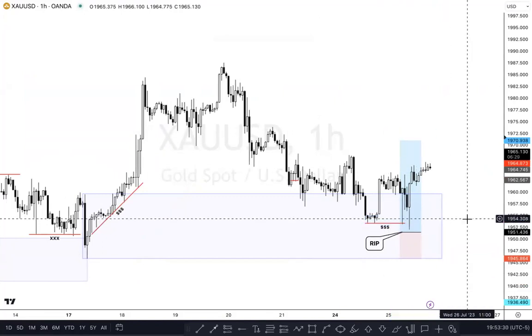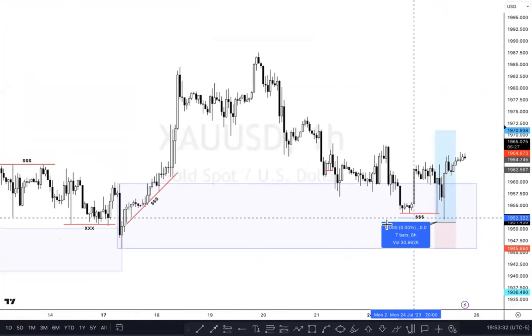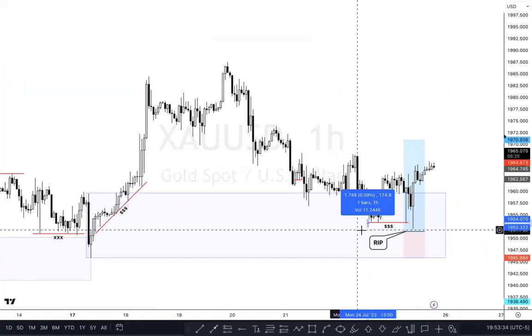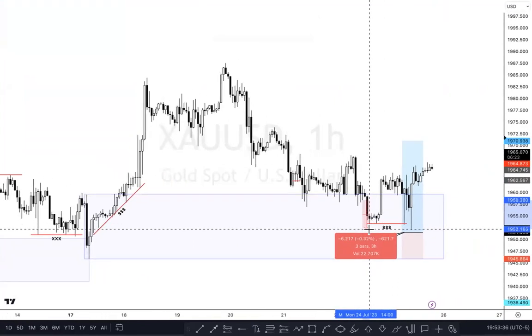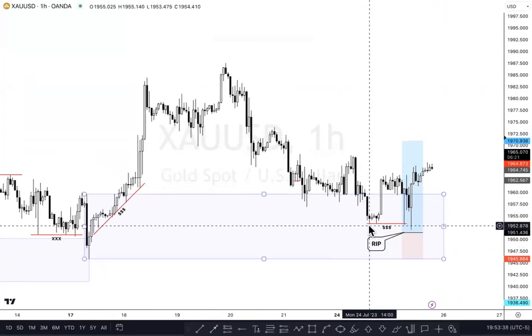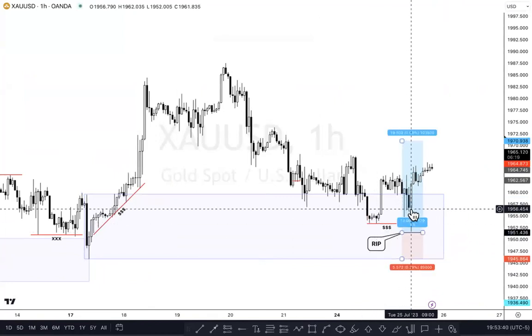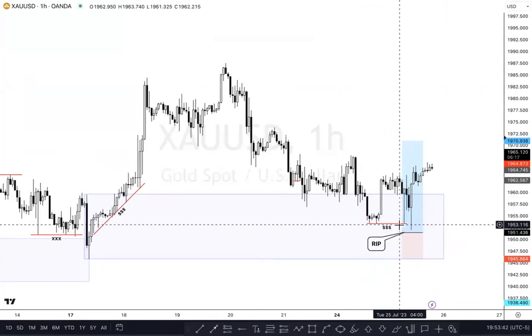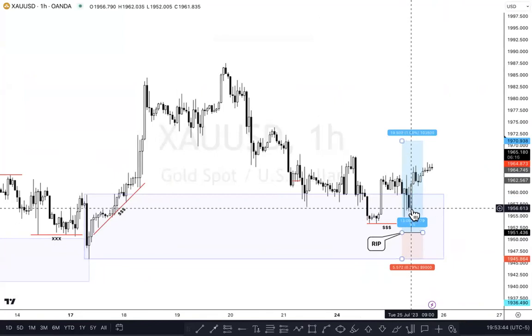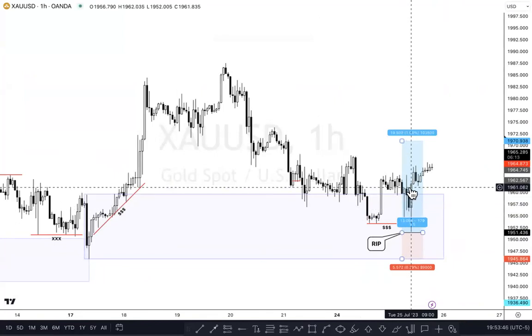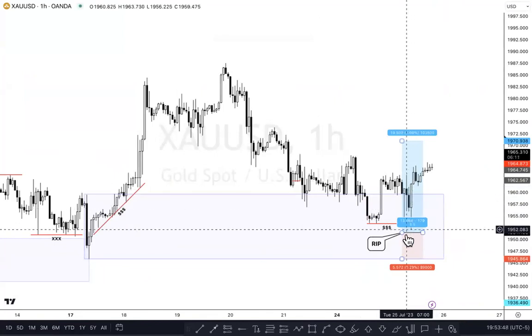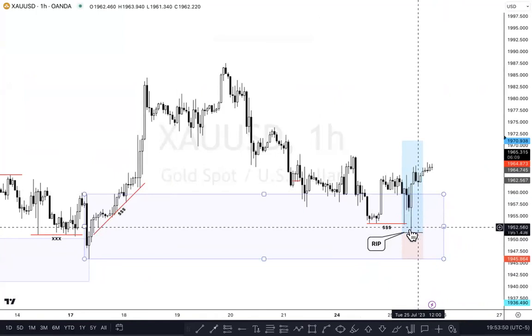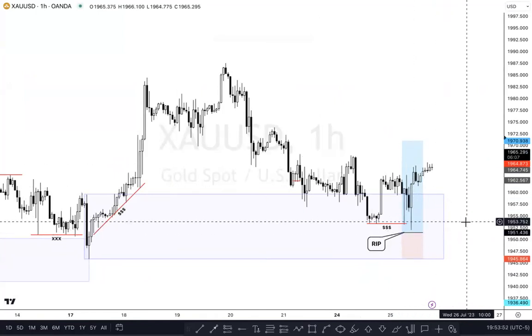Right there. You see that? Right here. Whoa. So seeing that you had support, and all of a sudden we're really close to these equal lows, I'm like, all right, guys, I'm pretty sure we're going to sweep these lows. And then from there, we're gone.